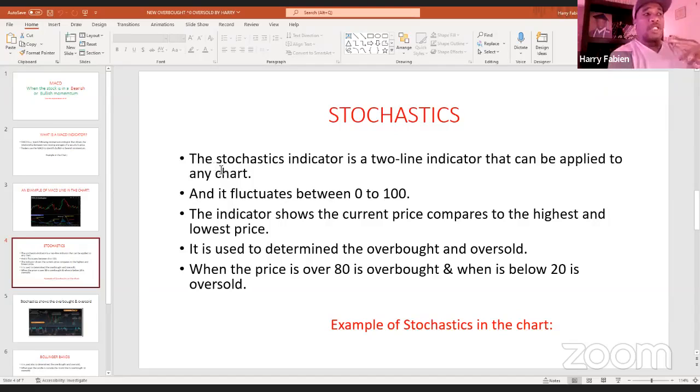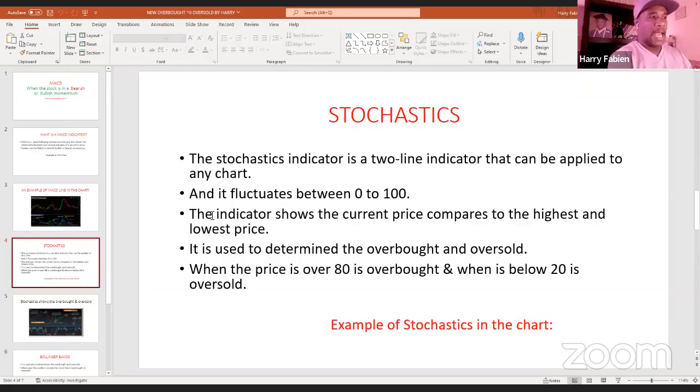The stochastics indicator is a two-line indicator that can be applied to any chart. Any chart that you have, you can apply indicators on any system that you have. It also fluctuates between 0 and 100, so we're going to have two lines between 0 and 100. I'm going to show you that next time.